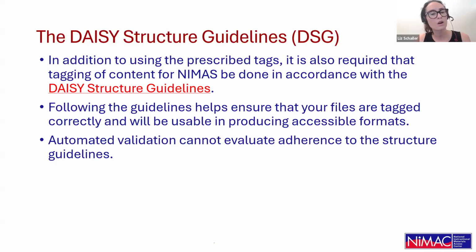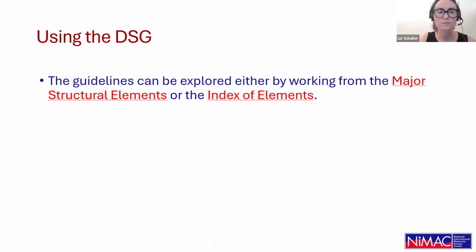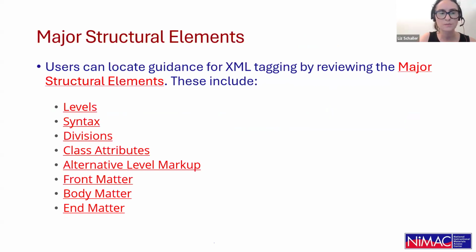And I will note that our automated validation process can't evaluate adherence to the structure guidelines. So that is something that we, as NIMAC staff, evaluate as we are manually reviewing your XML files. The DAISY structure guidelines can be explored in two different ways. You can either work through the major structural elements or you can work through the index of elements.